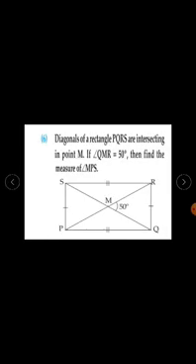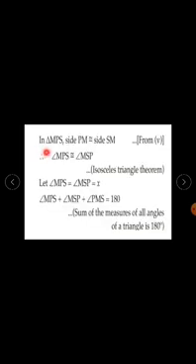Now see, in triangle MPS, angle MPS equal to angle MSP, isosceles triangle theorem, because PM is equal to SM from equation 5.